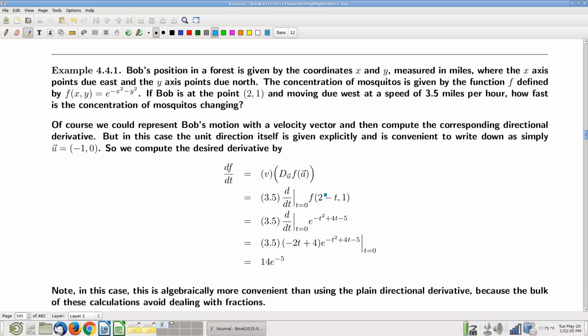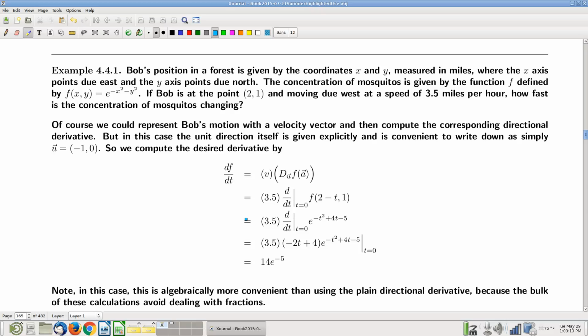I'm going to let you guys work out the details, but notice your X and your Y have relatively simple formulas, right? X is just 2 minus T. Y is 1. That's very convenient. So plugging into the function, you get this quadratic exponential, you multiply. You got to take some derivatives. You got to fiddle with the function at that point. Okay. And it's fine. This factor of v just sits along for the ride, comes all the way down.